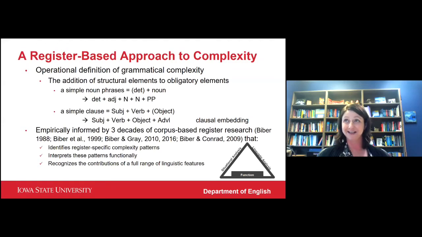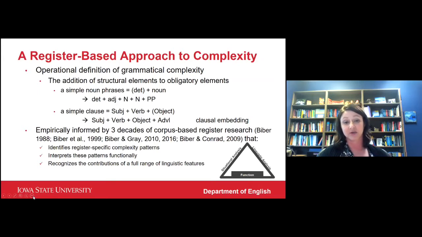And because it's taking this register approach, it interprets those patterns functionally. So it wants to make that connection between here are the features of complex language, and then it interprets that based on the functions of those features and how that relates to the situational features for the registers that they're common in.